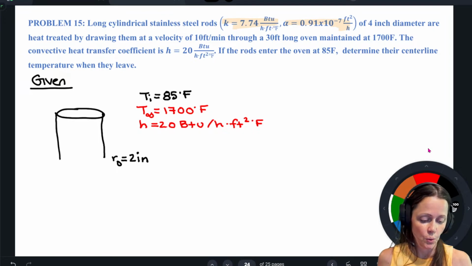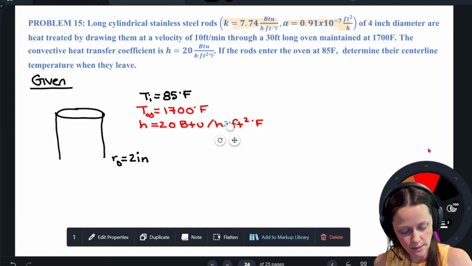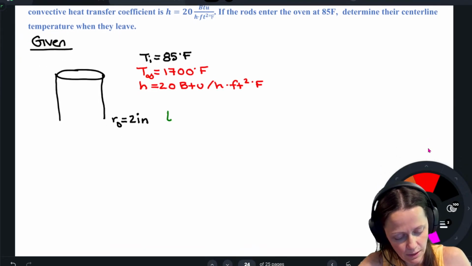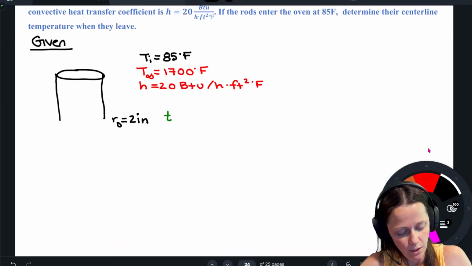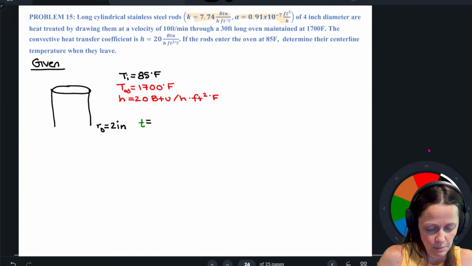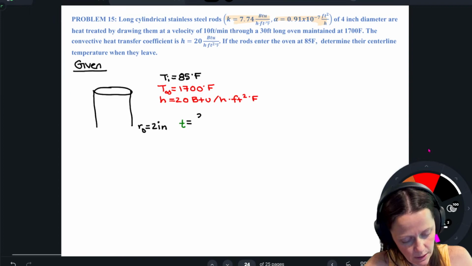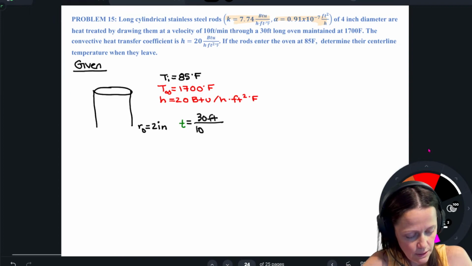So I actually know how long it's been in there because, and I'm just going to put it right here. I know probably shouldn't go in my givens, but I think it might be okay. So it's 10 feet per minute. It's 30 feet long. 10 feet per minute. So it looks like 3 minutes.